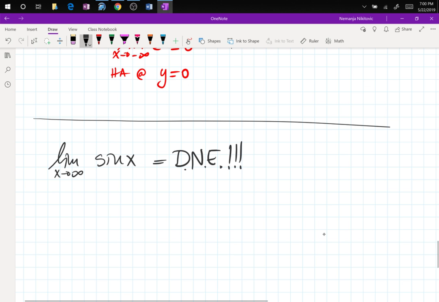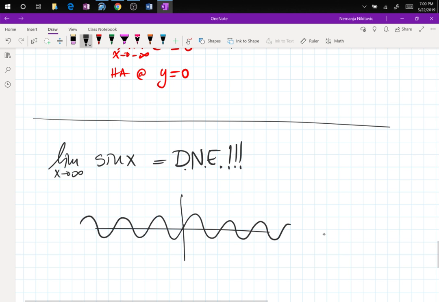only sine x. Sine oscillates like this. And because it oscillates, and infinity is not a finite location that you can look at the sine at, all of these values from -1 to +1 are all jumbled in one, which is not a cohesive number, obviously.